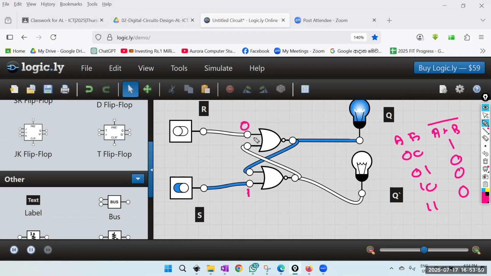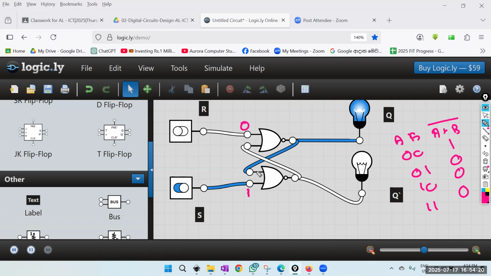But if one input is 0, you can't tell the output, because when this is 0, if the other one is 0 the output is 1, and if the other one is 1 it is 0. So I can't predict anything about this one.